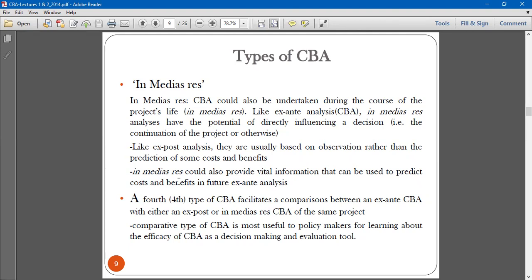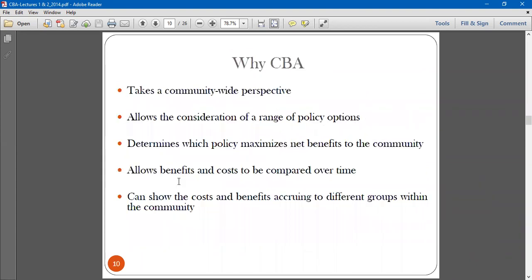So for example, if after the project we do ex-post and we actually see that the cost of the project was more than the benefit, then it means the prediction of the ex-ante CBA wasn't actually the best. It wasn't the best. So we use the fourth type of CBA to compare different types of CBA.